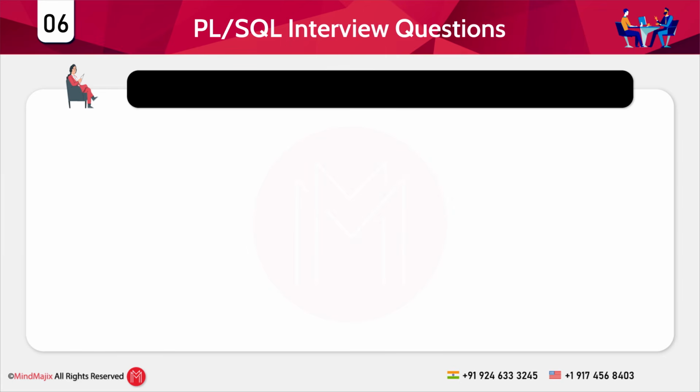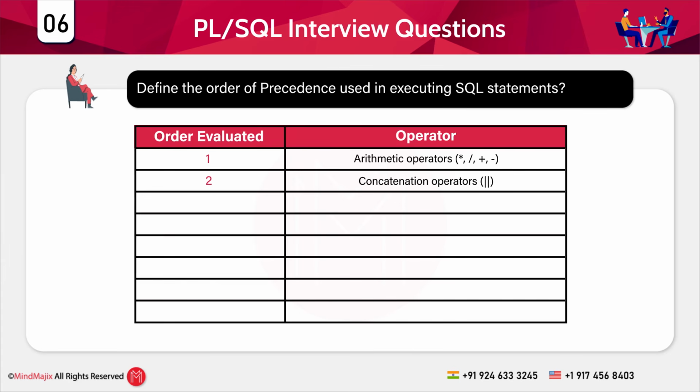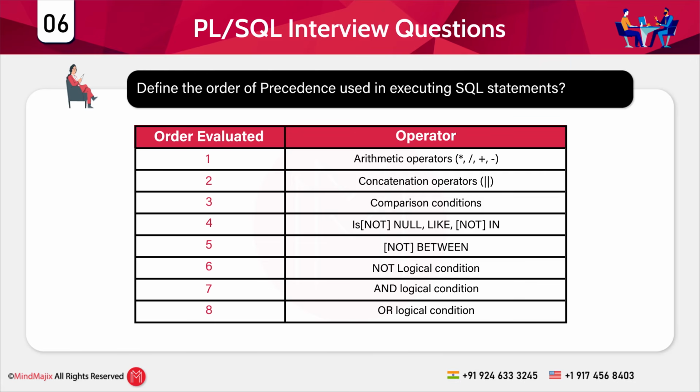The next question is, define the order of precedence used in executing SQL statements. As you can see on the screen, this is the order in which things are executed in a SQL statement or SQL query. The order evaluated is 1, and the first thing evaluated in a SQL query is the arithmetic operators.